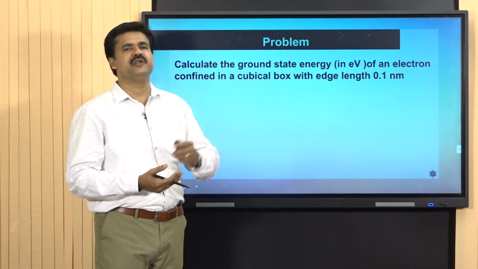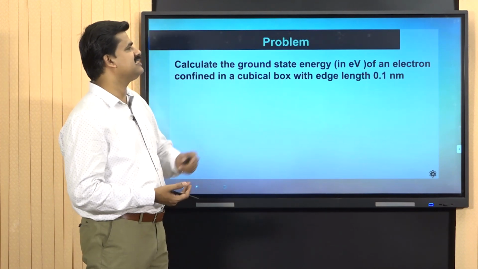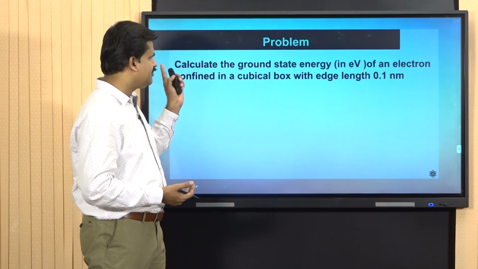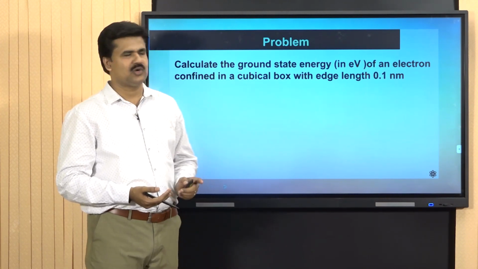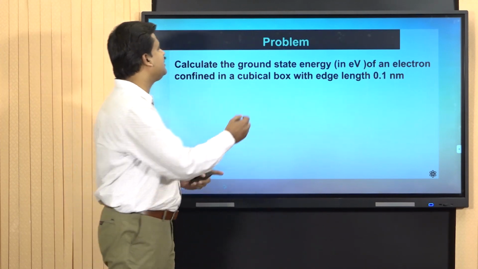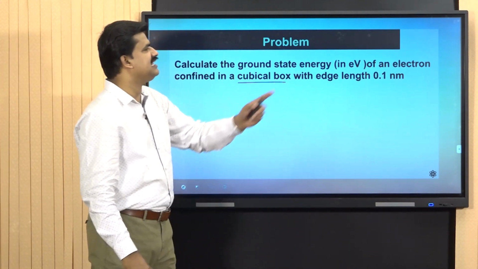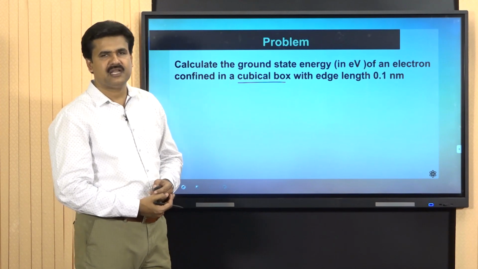Now, moving on to a numerical problem. This is a problem to find the ground state energy in electron volt of an electron confined in a cubical box with edge length equal to 0.1 nanometer.